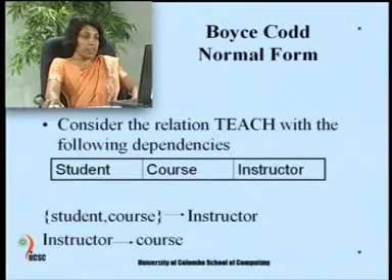Now, to illustrate that, I took one simple example, that is the relation Teach. The relation Teach has three attributes: student, course, instructor, and the dependencies have been given as student and course would be the determinant of the attribute instructor, and then there is another dependency which says instructor would be the determinant of the course.